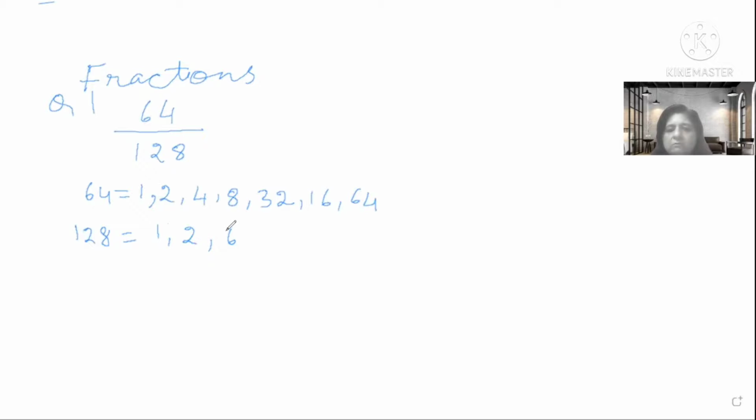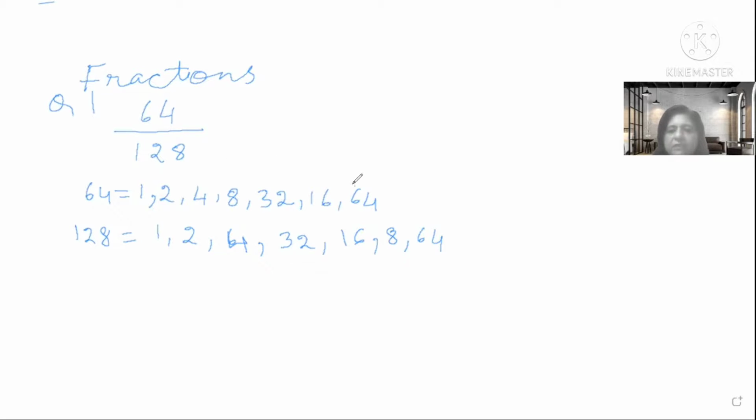Factors of 128 are 1, 2, 4, 32, 16, 8, and 64.